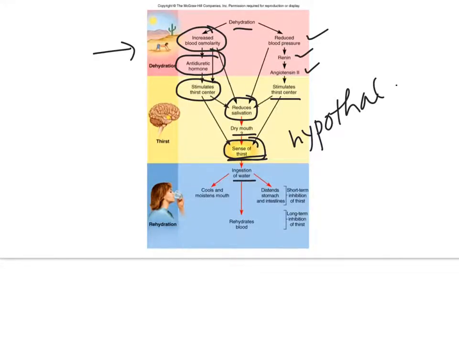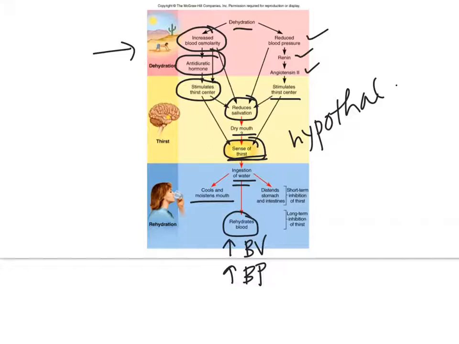So we start drinking water. When we drink water, the mouth is cooled and moistened. And there are actually studies about cold water and warm water. Supposedly cold water quenches your first thirst faster, but warm water physiologically does the same thing. Then your blood gets rehydrated. So what's going to happen? Your blood volume will go up, and your blood pressure should stabilize.